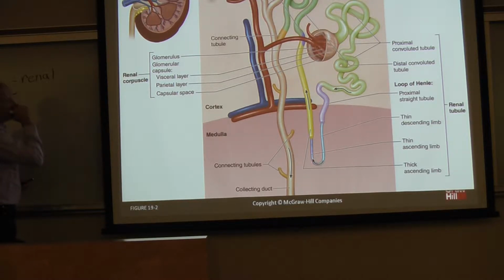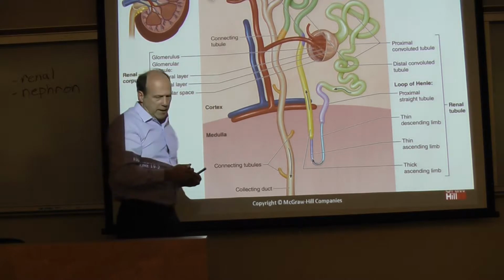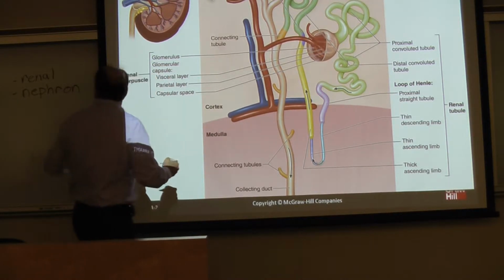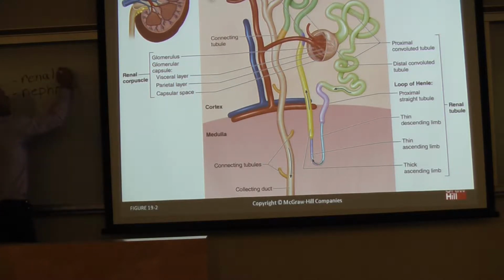That the basic unit of filtration is the nephron, and we're looking at a diagram of a nephron right now. Also, the renal, you should know the cortex, medulla.